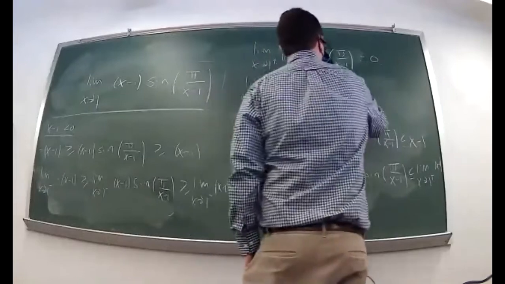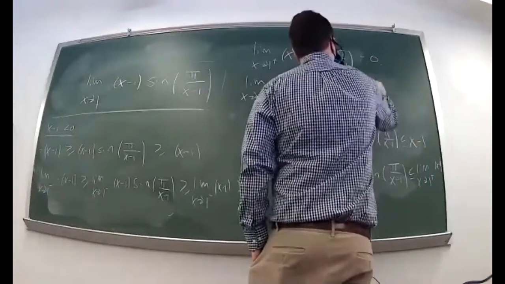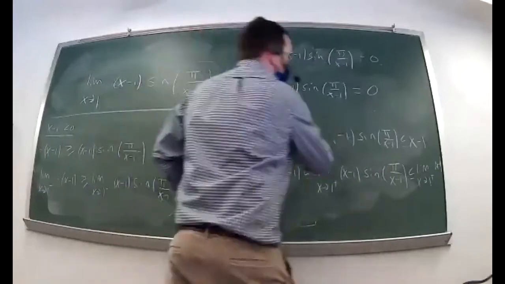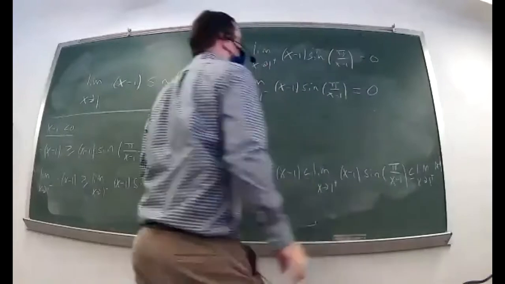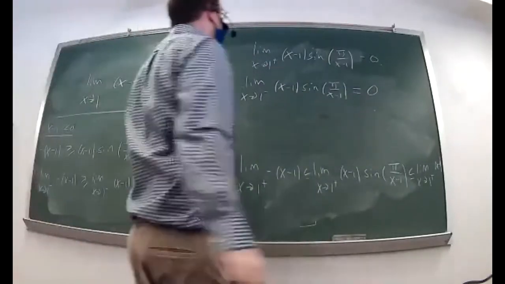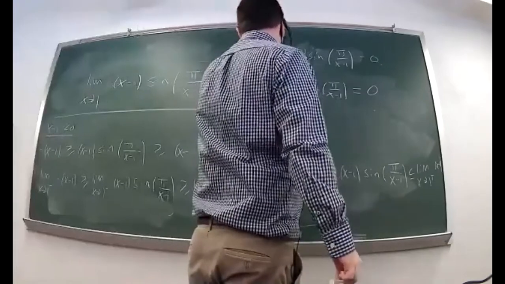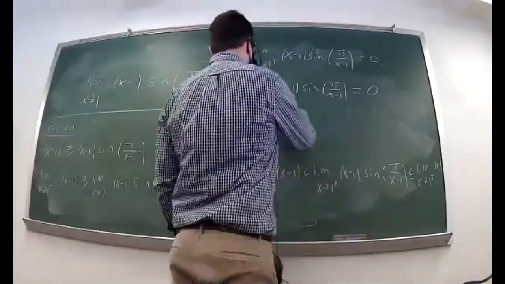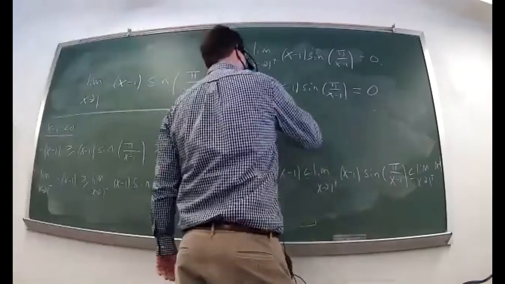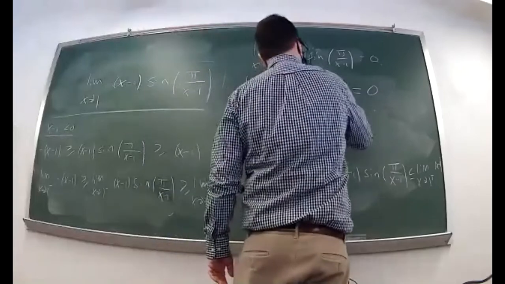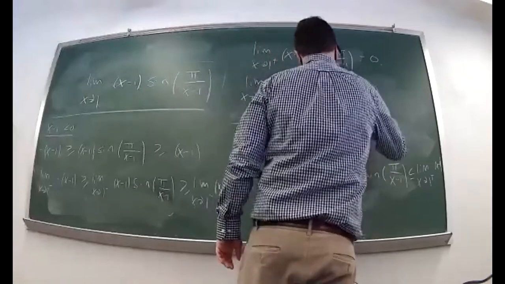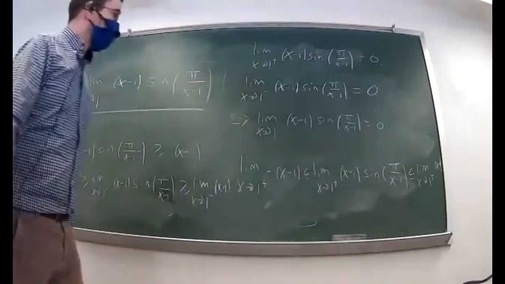So it's a little bit, I mean, if you're not used to arguments that take 5 or 6 or 7 lines, then it's maybe a little bit frustrating to write down, but ultimately not too bad. So you conclude that the left and right hand limits are both equal to 0, and therefore the limit itself is equal to 0.